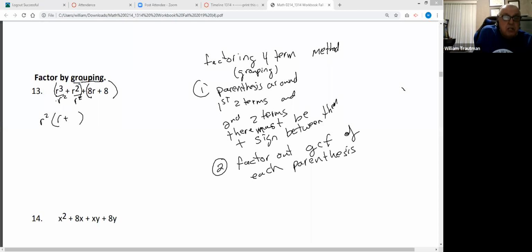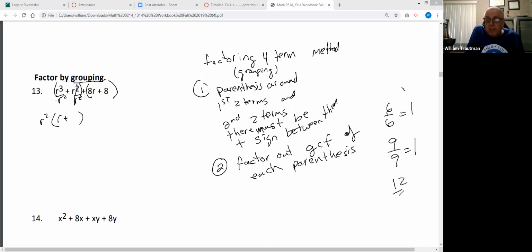Now here, they cancel, but you can't leave it blank. When we had other stuff, we brought it down. If there's nothing else there and they cancel, 6 divided by 6 equals 1, 9 divided by 9 equals 1, 12 divided by 12 equals 1, R squared divided by R squared equals 1. When they cancel out, it equals 1.